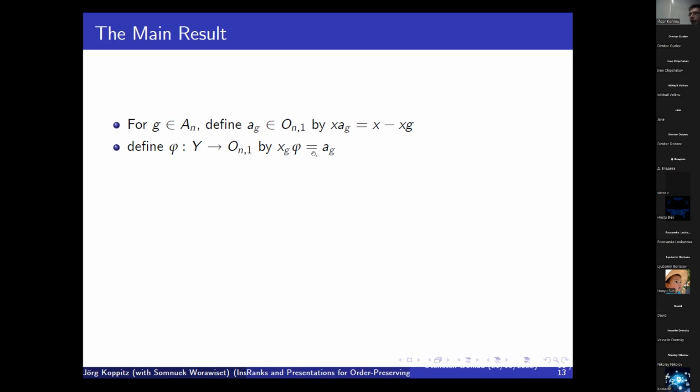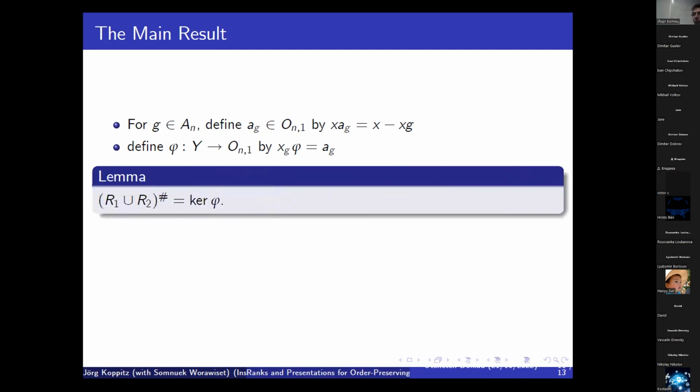So, in this way we have defined this mapping, and we could prove that the kernel of this mapping is exactly the congruence generated by R1 and R2. I have to say there are different methods to find presentations. In papers of Fernandes two methods are given to find presentations. What I use here is a method which I found in papers by East.